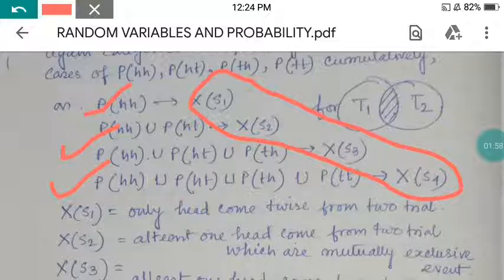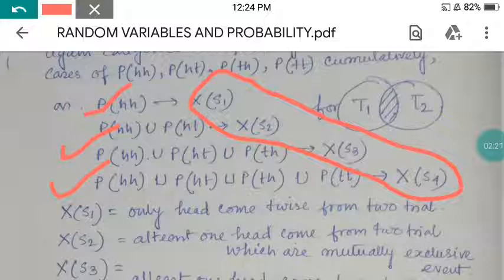The second event where we have obtained P of HH and P of HT. The first one is H, the second one is H, the first one is H and the second one is tail. So this event is P of HH and P of HT in union, getting that new random variable capital X of S2.